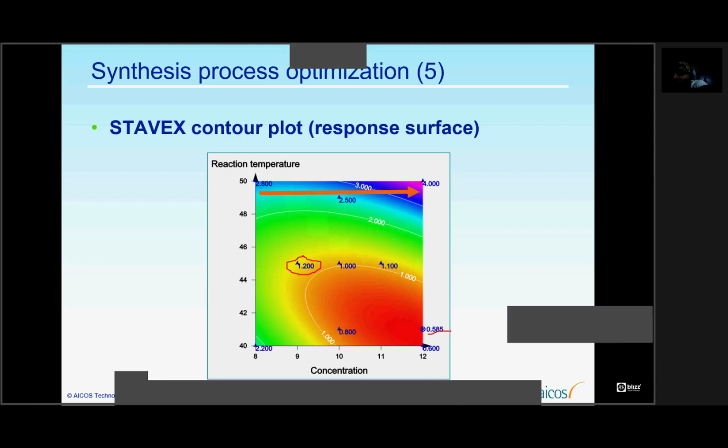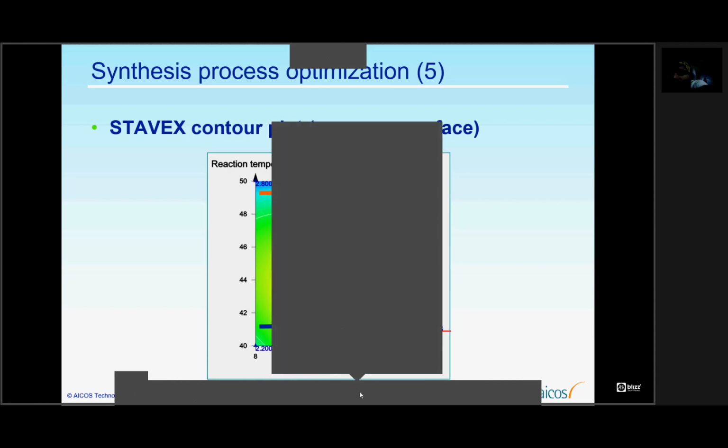If you increase the concentration here for high temperature, the colors don't change that much. Keep in mind the colors represent the value of interest, so the quality attribute. And if you do the same concentration increase for low temperature, the colors change a lot. And this means that you have to pay attention to the concentration value, in particular if the temperature is low. If the temperature is high, it's not that important.